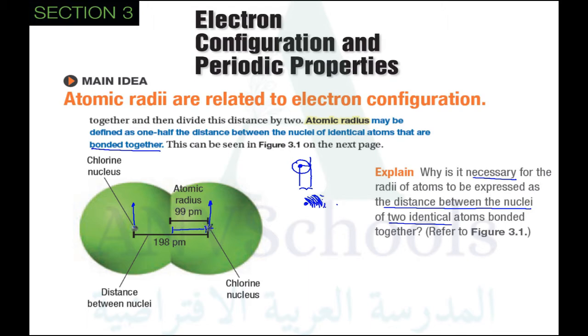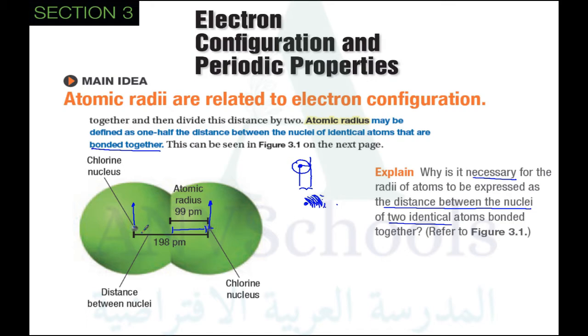And as we stated earlier, if we take one atom we can't exactly know the edge of the atom, because it is all about probability density of electrons. We're dealing with a probability density cloud of electrons. So we don't know where exactly the edge of the atom is. But in taking this one, it's very logical to say half the distance between the nuclei of two identical atoms will be the atomic radius.